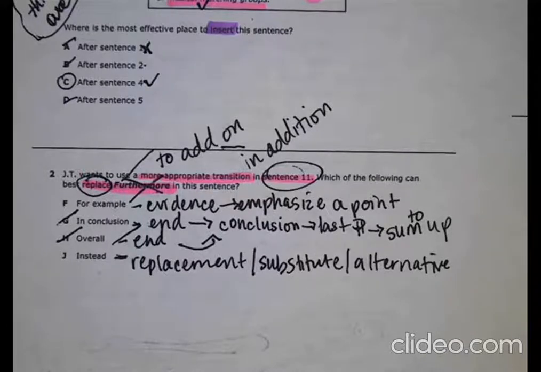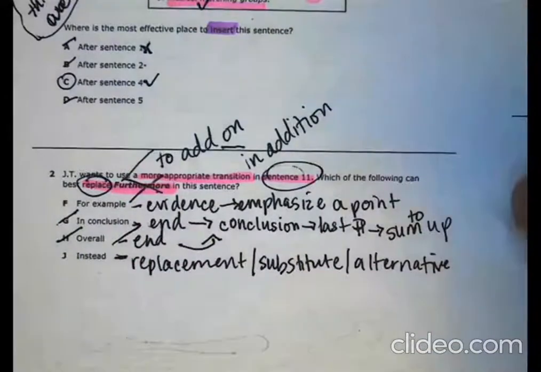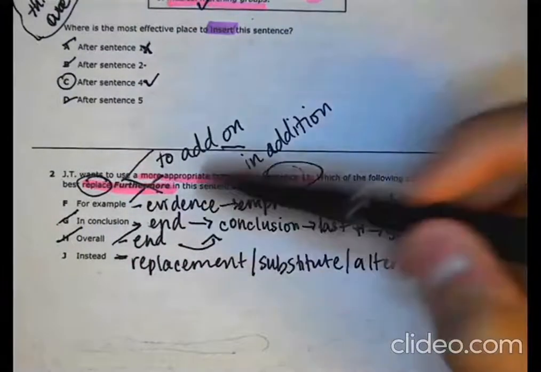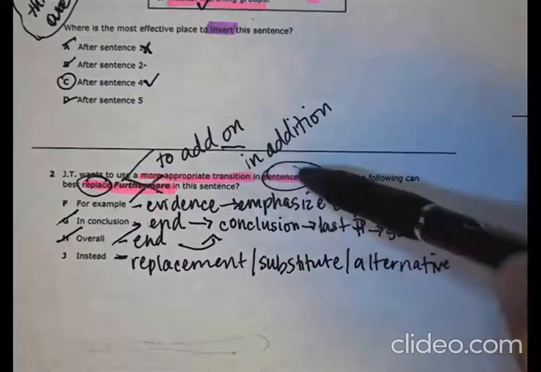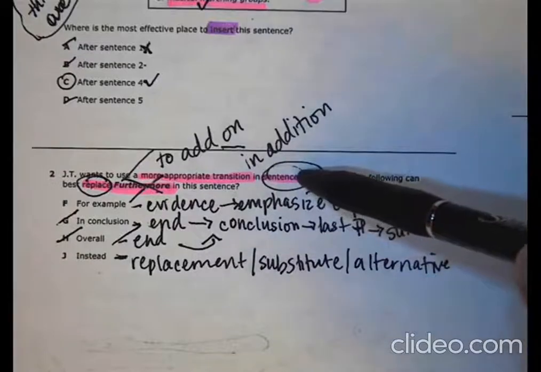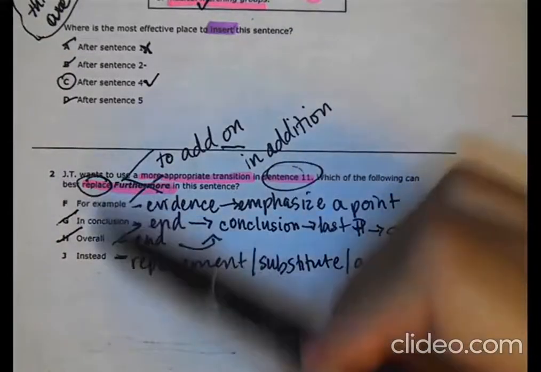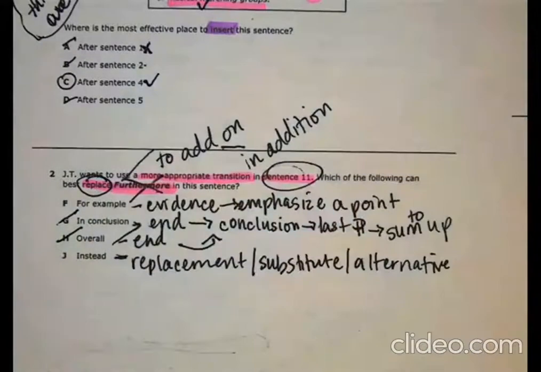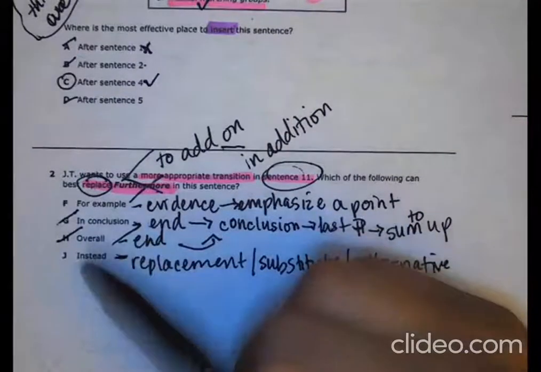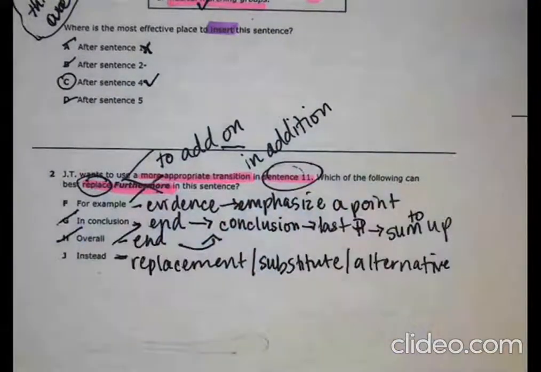So we need to make sure we fully understand the transitions, what their purpose is, what they do, what they're for, what they mean, before we go into that sentence and see which one we're going to use. Because if you don't know what they do or what they're for, you're going to be guessing. Okay?